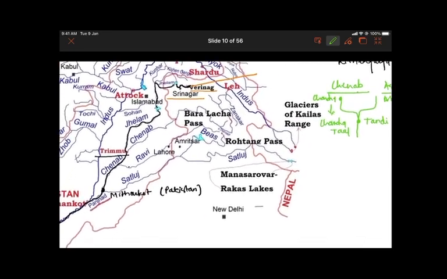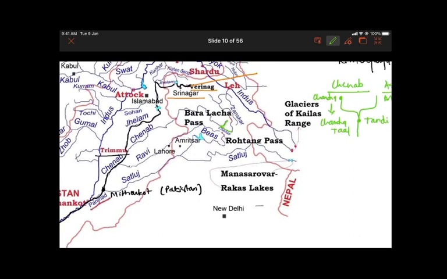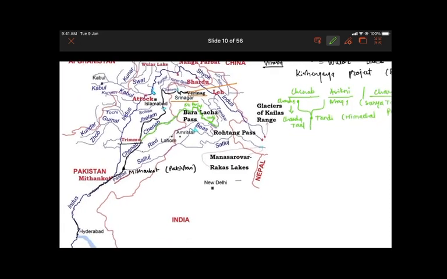Here river Chandra and Bhaga are forming a confluence, and this is the point Tandi in Himachal Pradesh, and then Chenab is flowing to the Pir Panjal mountain ranges and then flowing into Pakistan. These are the Pir Panjal mountains. So that was the flow of river Chenab.